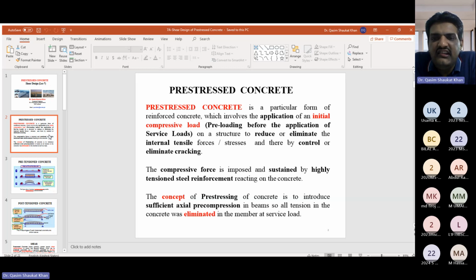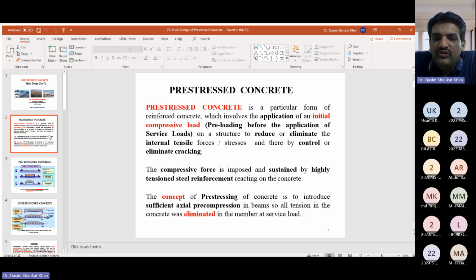Prestressed concrete is a particular form of reinforced concrete which involves the application of an initial compressive load, which produces the hog in the beam, a negative camber. Then the self-weight, superimposed dead loads and service loads produce the sag in the beam.